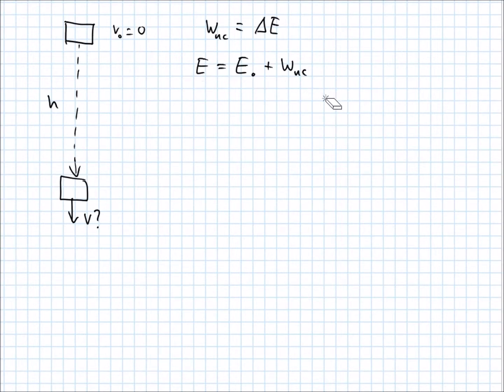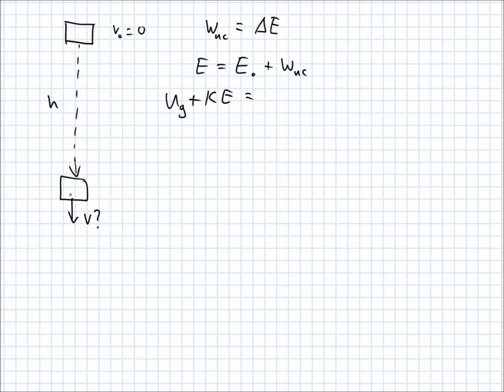Okay, so we need to identify the energies in this problem. We have the final energy. Well, it could have potential gravitational energy, and it could have kinetic energy. Right, gravity is involved here because we're changing height.